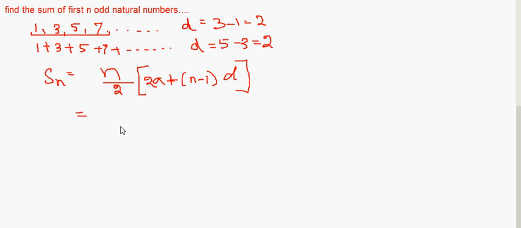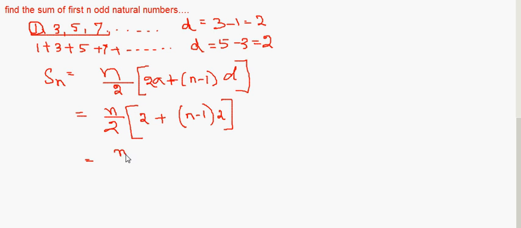I don't know what n is, so let n be as it is. The first term is a, which is 1 here. So 2 into 1 is 2. Let n be as it is, and d we have calculated to be 2. Let me open the bracket as well.